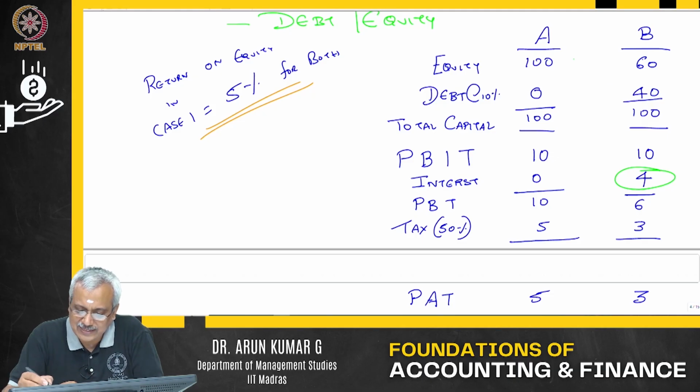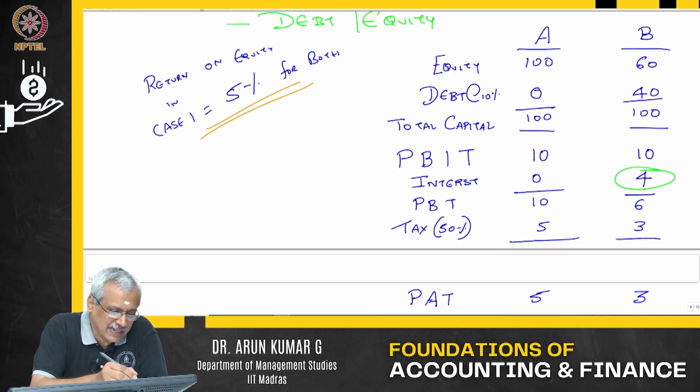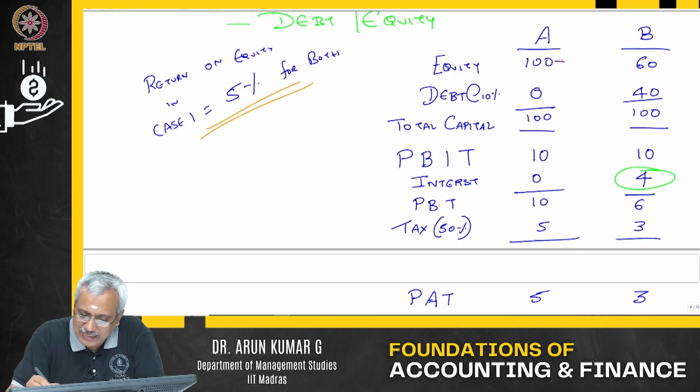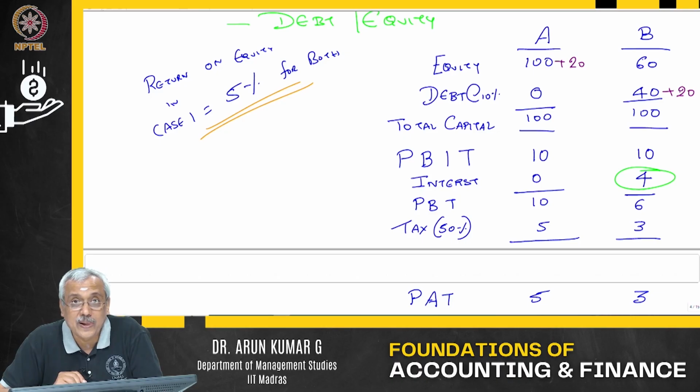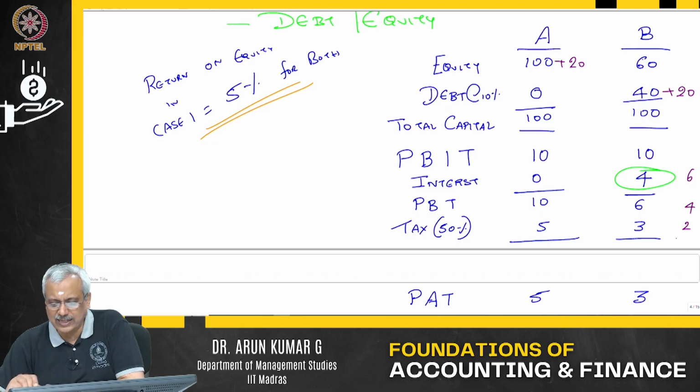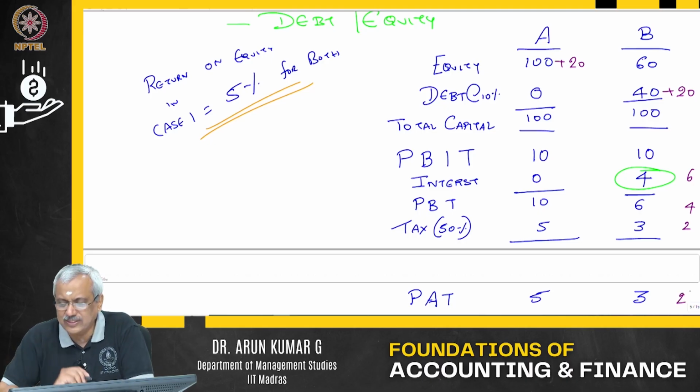In the first case, I am increasing equity by $20. In the second case, I am increasing debt by $20. Moment they increase the $20 out there, what happens? This interest, instead of 4, will become 6 out here. If it becomes 6, this will be 4 and this will be $2 only. Equity holders will get only $2 in this particular case.